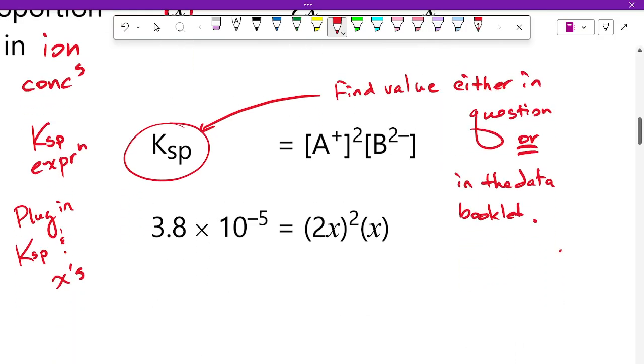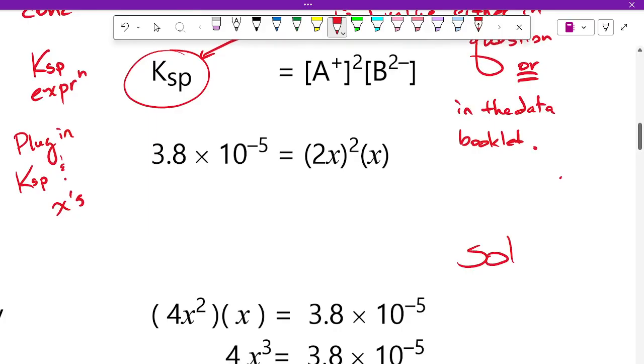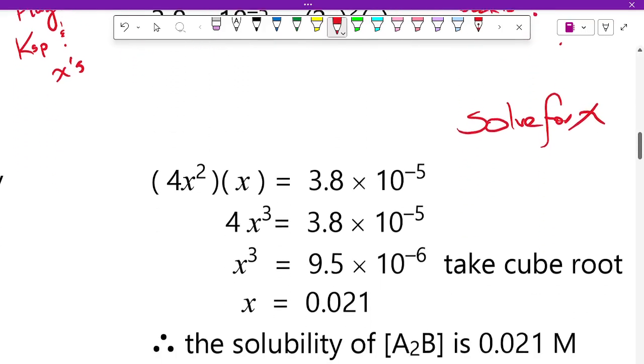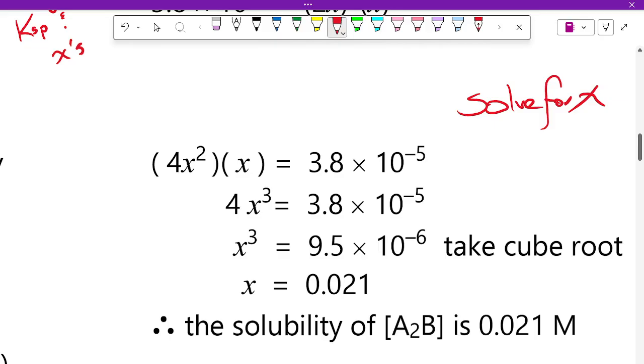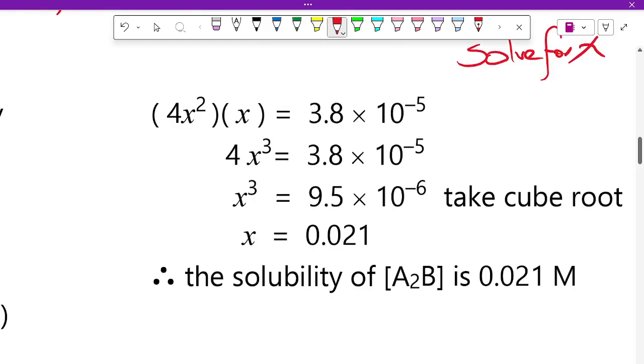So we plug in our KSP, we plug in our X's, and then at that point it's just algebra: solve for X. It's not a quadratic because there's no pluses and minuses. It's all just multiplying. So 4x squared times x equals 4x cubed, and so on, and we end up getting x.